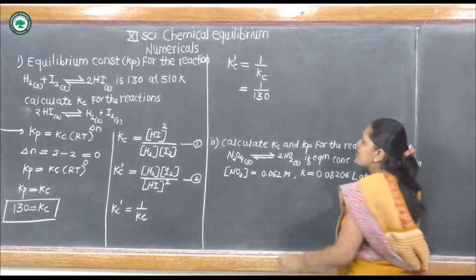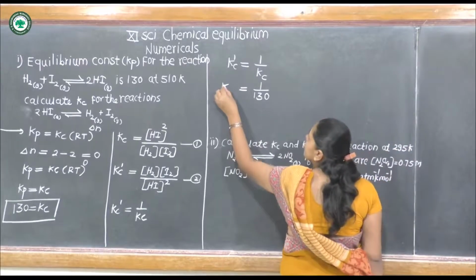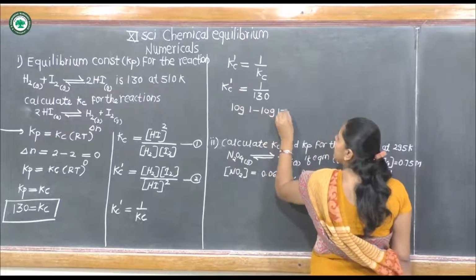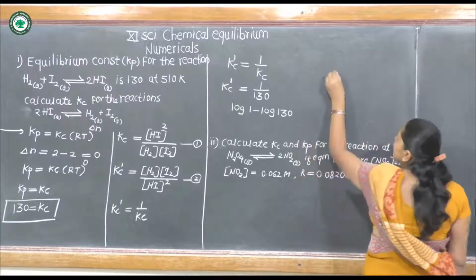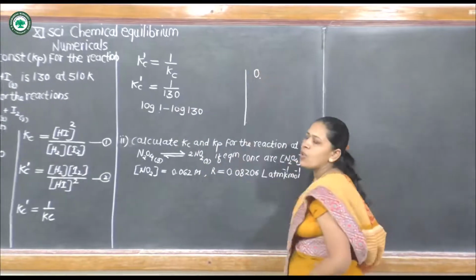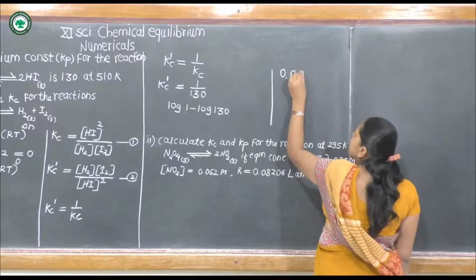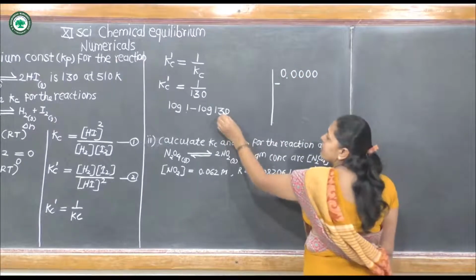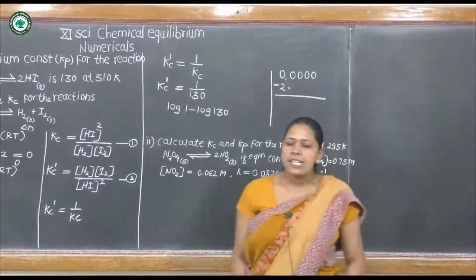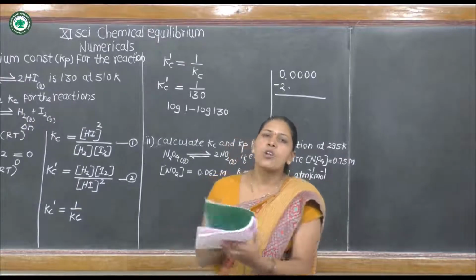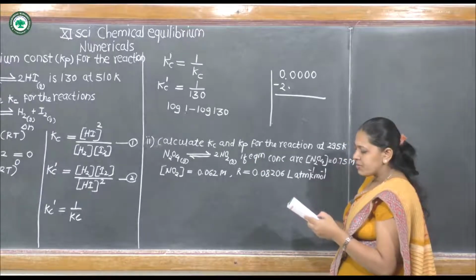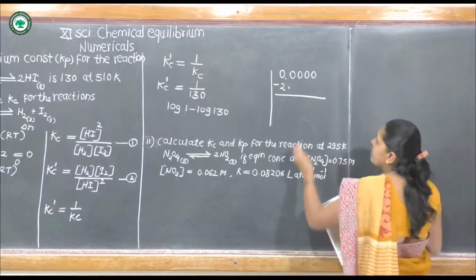By solving this using a log table, log of 1 minus log of 130. The characteristic: log of 1 is 0, minus the characteristic of 130, which is 2, and the log of 13 into 0, by using the log table, is 4771.